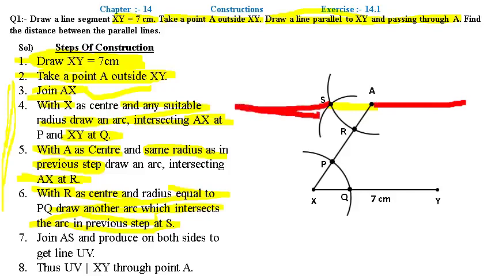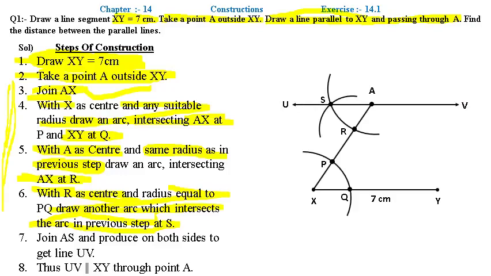So AS is first joined, and then it is produced on both sides. Let's see how this can be done. Yes, this is how we joined AS and produced on both sides.